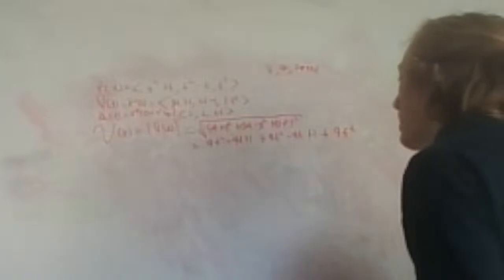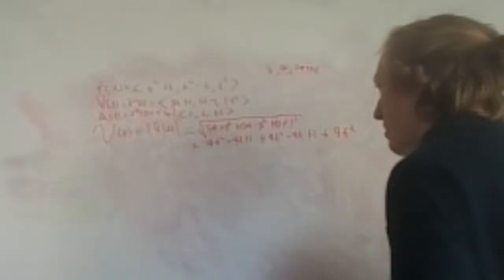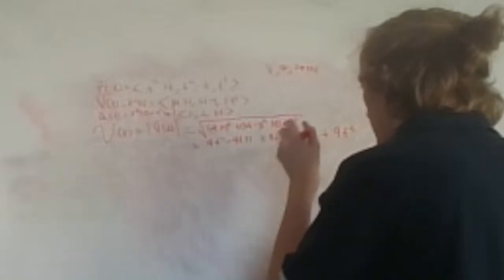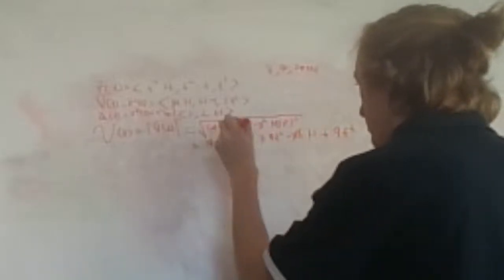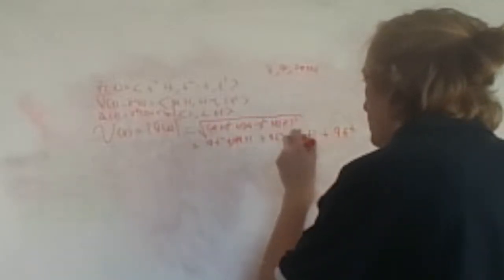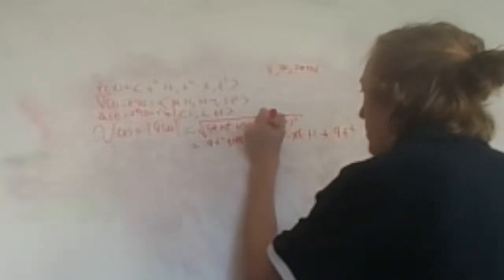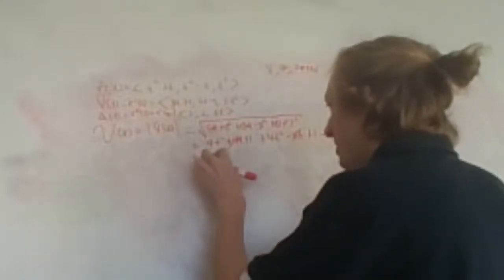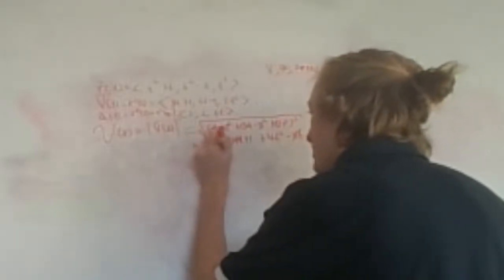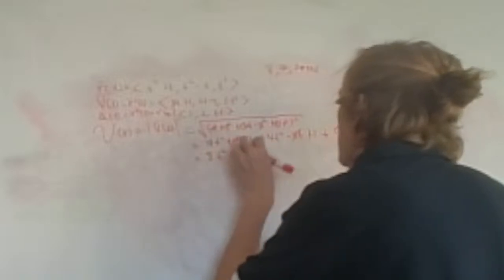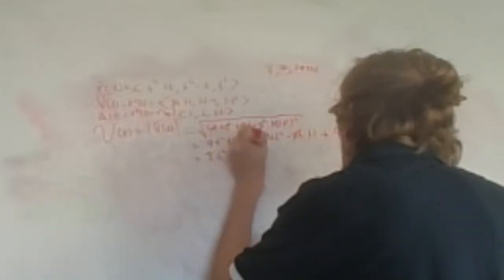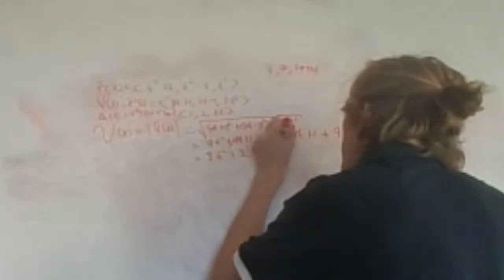You multiply the powers when they are exponentiated. So then these 4t's will cancel. This is equal to 8t squared plus 1 plus 1 is 2 plus 9t to the fourth. And this is going to be square rooted.